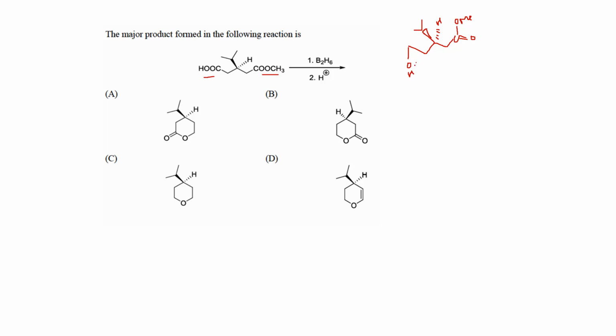After that, this OH will add to this ester group and remove the OMe from the system, and a 6-member ring will form.